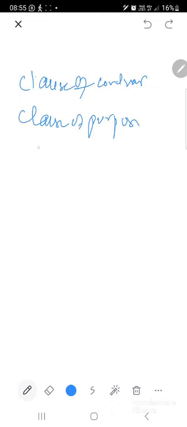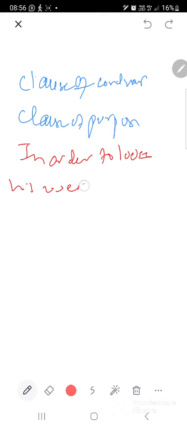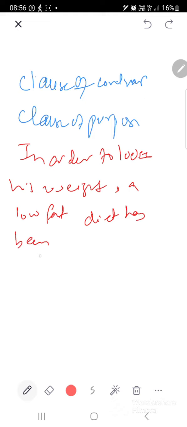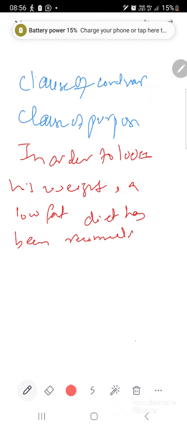Let's say, I would write it down for you: In order to lose his weight, maybe a low fat diet has been recommended. So, this is the example of a clause of purpose. In order to lose his weight, a low fat diet has been recommended, right?